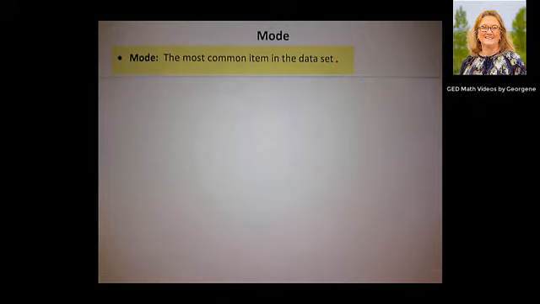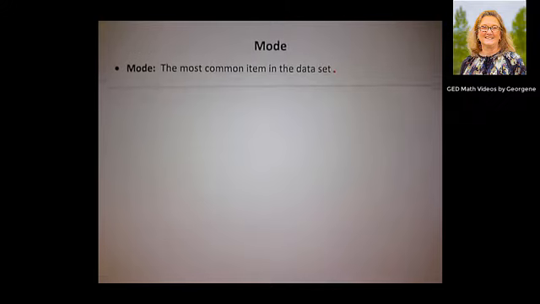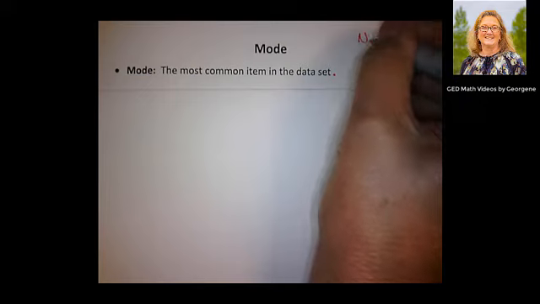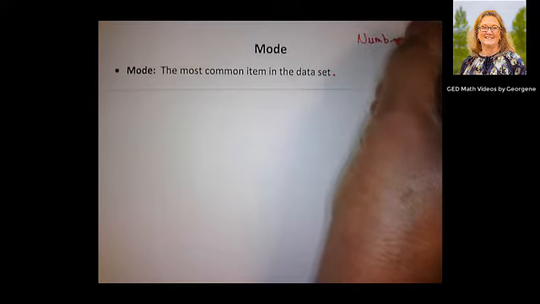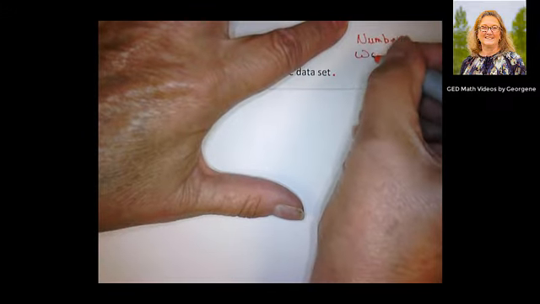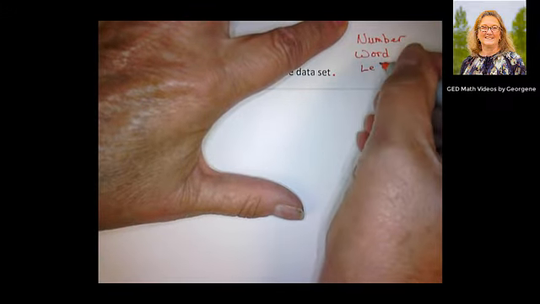And one of the differences between mode and mean and median is that sometimes when you're working with mode, it may be a number in that set. The other thing is, depending on what it is, it could be a word or it could be a letter.